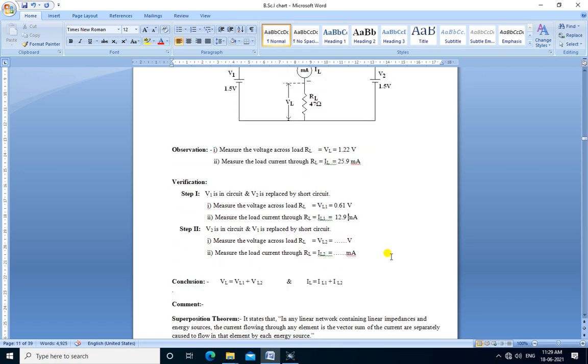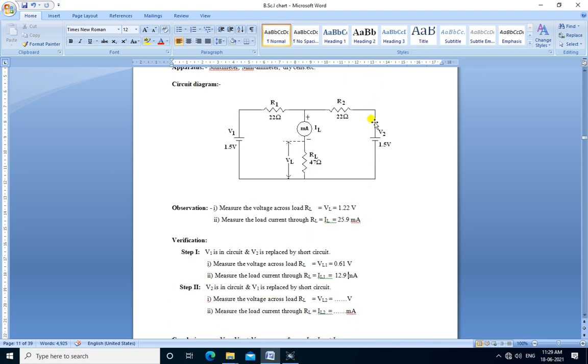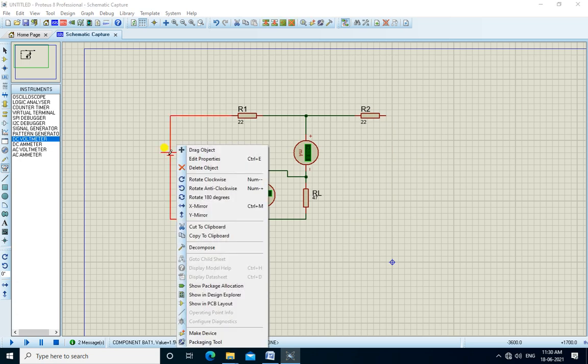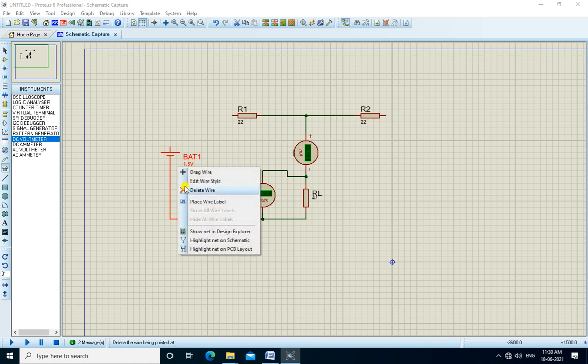The step 2 is V2 is in circuit and V1 is replaced by short. So we keep the V2 as it is and we replace this V1 by the short circuit, and then we have to measure the two values, that is VL2 and IL2 across this load RL. So I firstly open this and release these two wires.